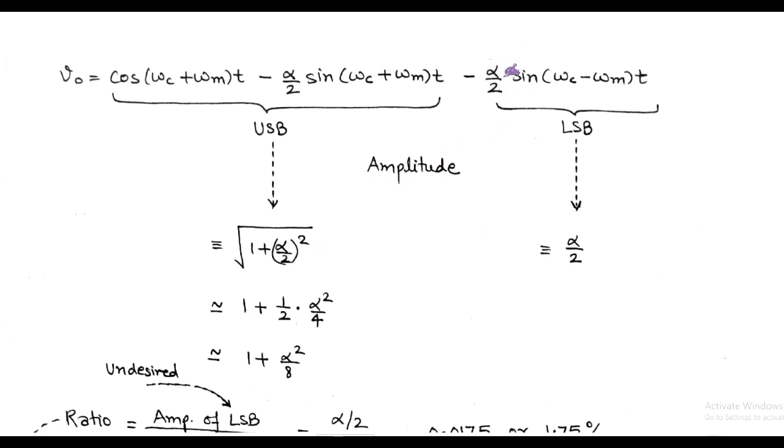The amplitude corresponding to the lower sideband is simply alpha by 2. Now, the amplitude of the upper sideband, after approximation using the binomial theorem, is 1 plus 1 upon 2 into alpha squared upon 4, which is approximately equal to 1 plus alpha squared upon 8.